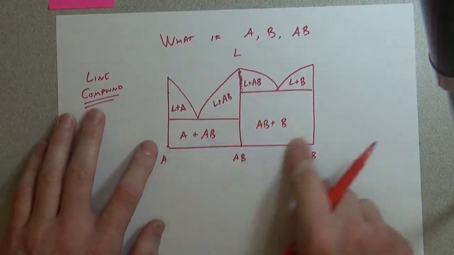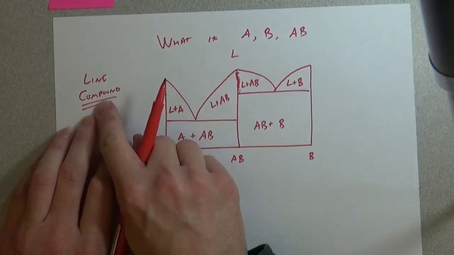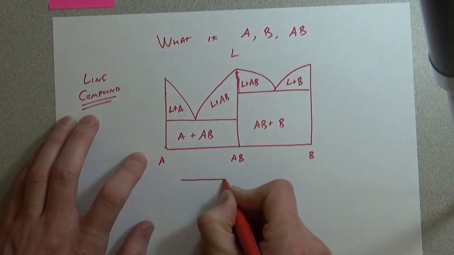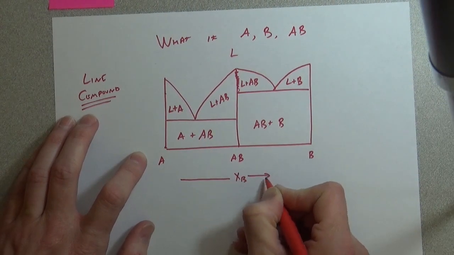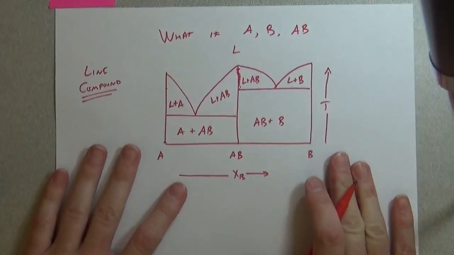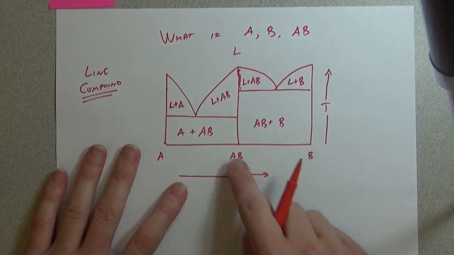And this would be a set of line compounds, A, B, AB. This is B, temperature. And that's how we can work with these.